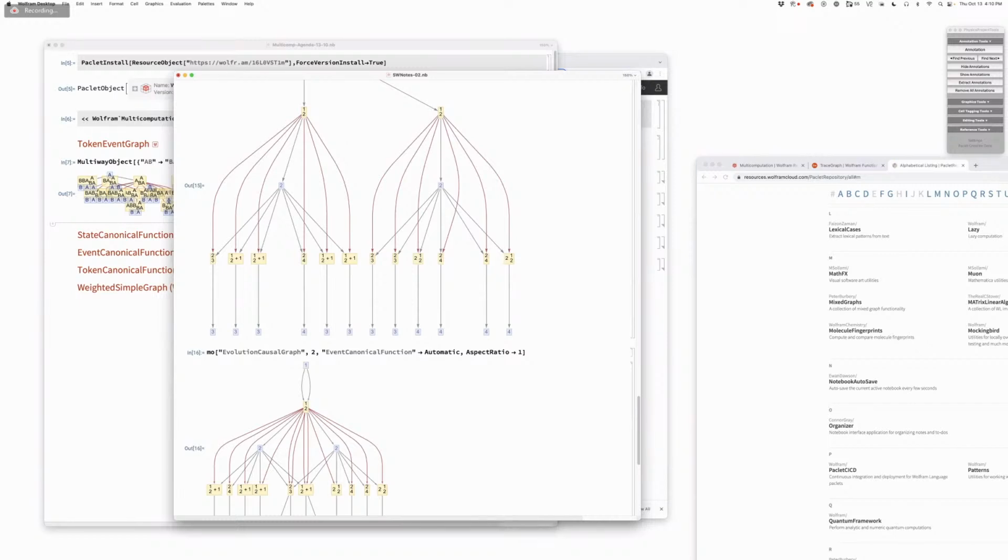Okay, so what happened there? So that merged because those events are the same. Those events are both 1 goes to 2 events, even though they're not really both 1 goes to 2. One is 1 goes to 1 plus 1, and the other is 1 goes to 2 times 1.